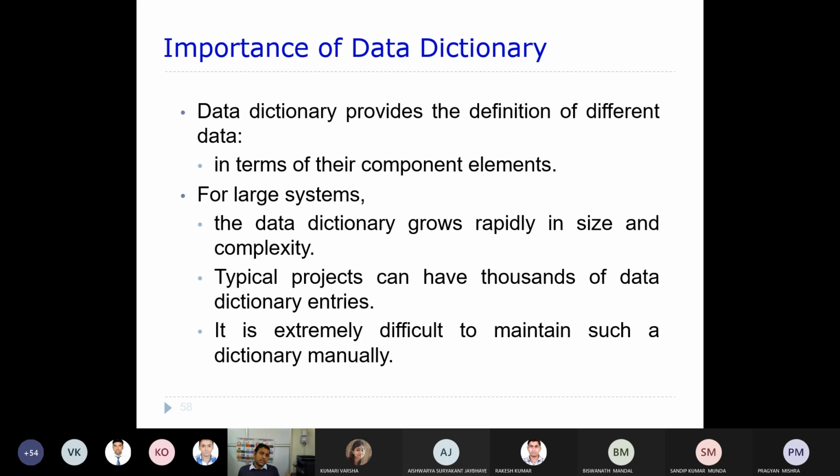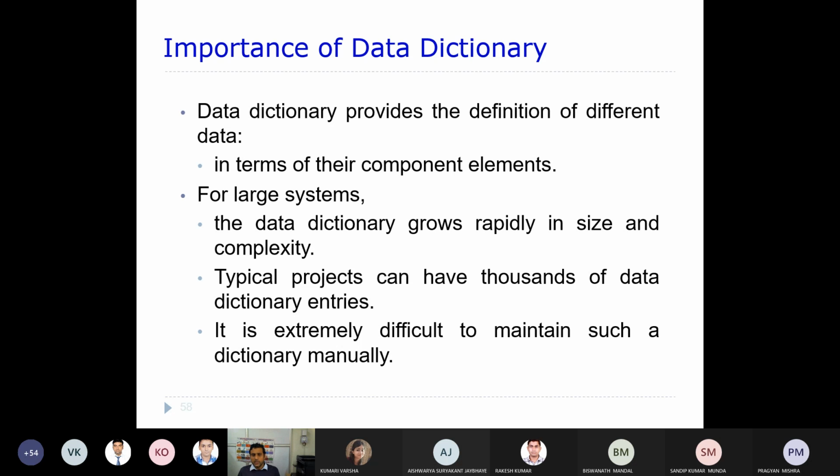Okay, so for a very large system, what will happen is you will have more functions, or bubbles, or processings. When you have more functions or processings or bubbles, usually the data items that will be flowing between them will also grow, right?